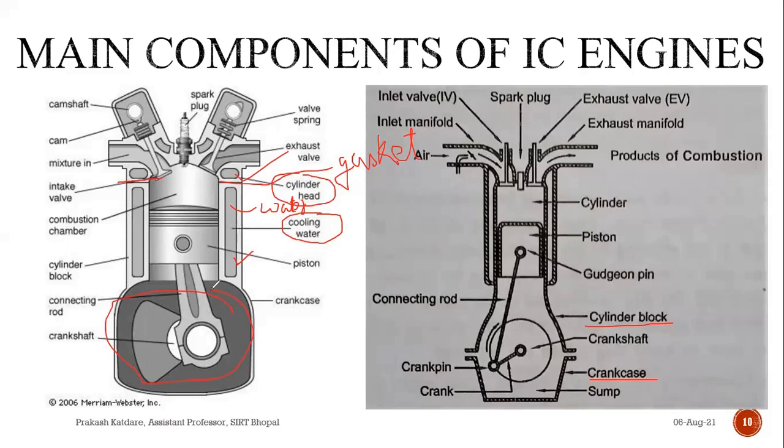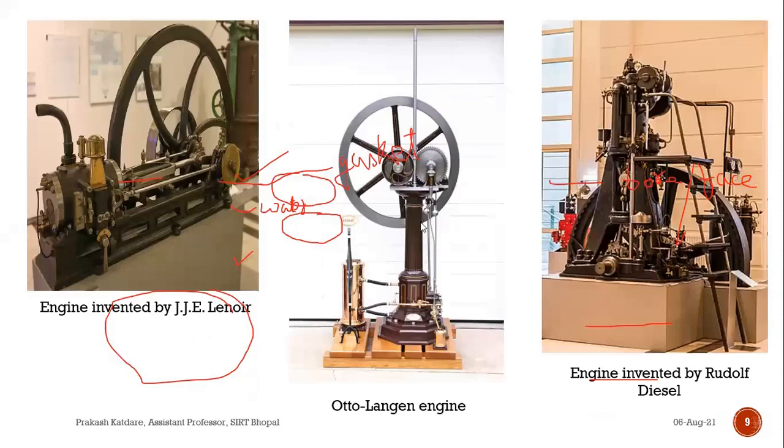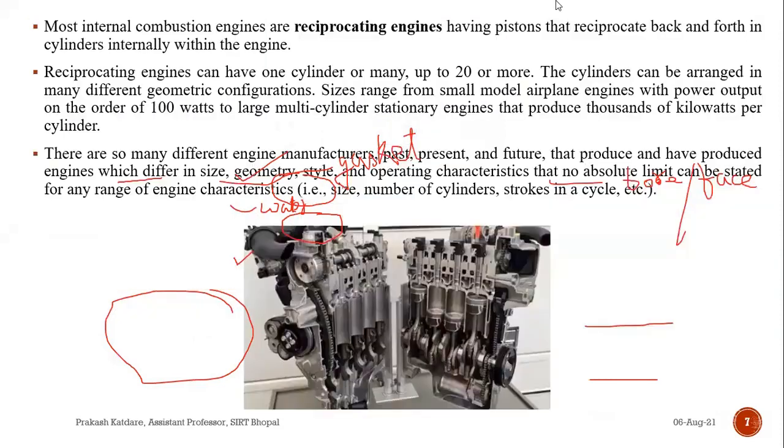And the inner surface of our cylinder block is machined very finely. Its surface finish is very high, to the cylindrical shape, and it is known as the bore or face. This inner portion we call the bore or face. It has a very high degree of surface finish. If at any point of time you visit a workshop and see an open engine, there you can see the finishing here is of very high grade, like we have seen in our last class also.